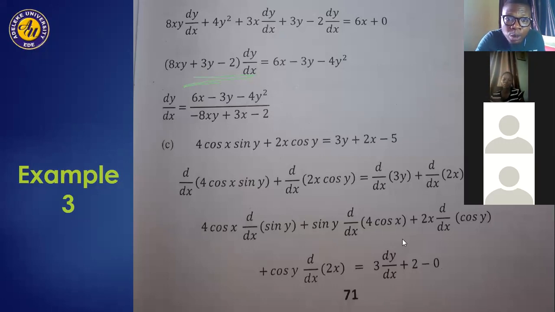Who would like to go with me? The last example, example 3. Who would like to work with me? Say I if you'd like to work with me so that I can release you. Julia, I thought you were not. Julia first, then after Julia, who is the next person?